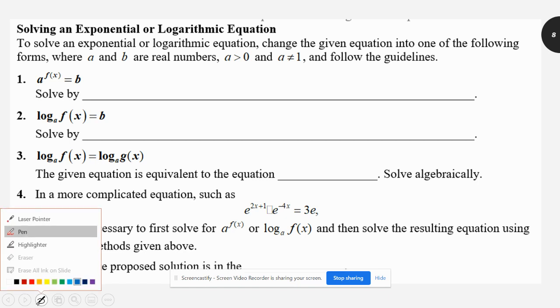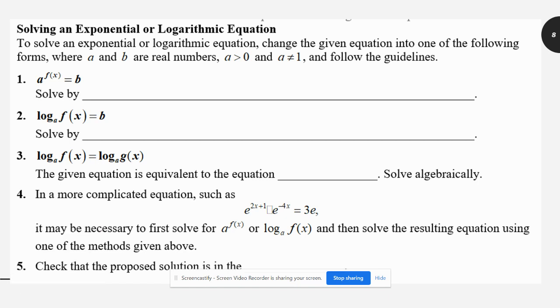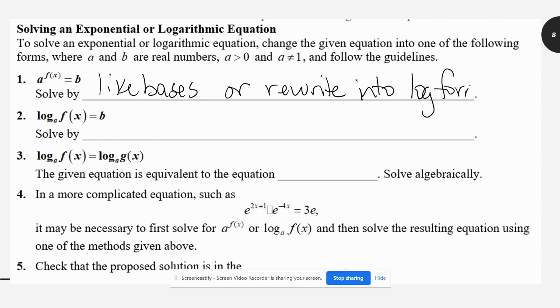Our last part, filling in these summations here. We can try to solve by like bases if it's in exponential form, or rewrite into log form.